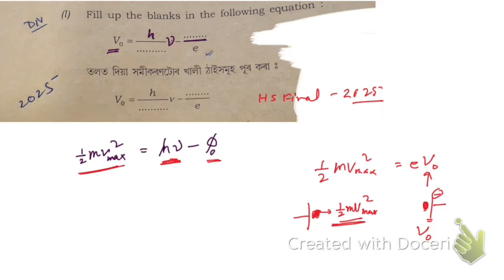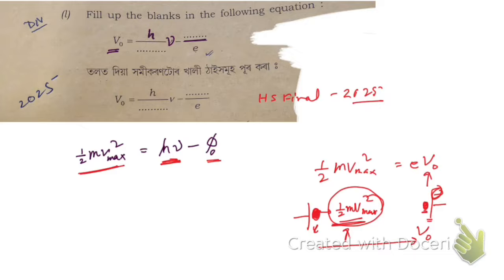So when the electron is at this position, the kinetic energy of this electron is this much, and that kinetic energy becomes zero when it reaches the negative plate.